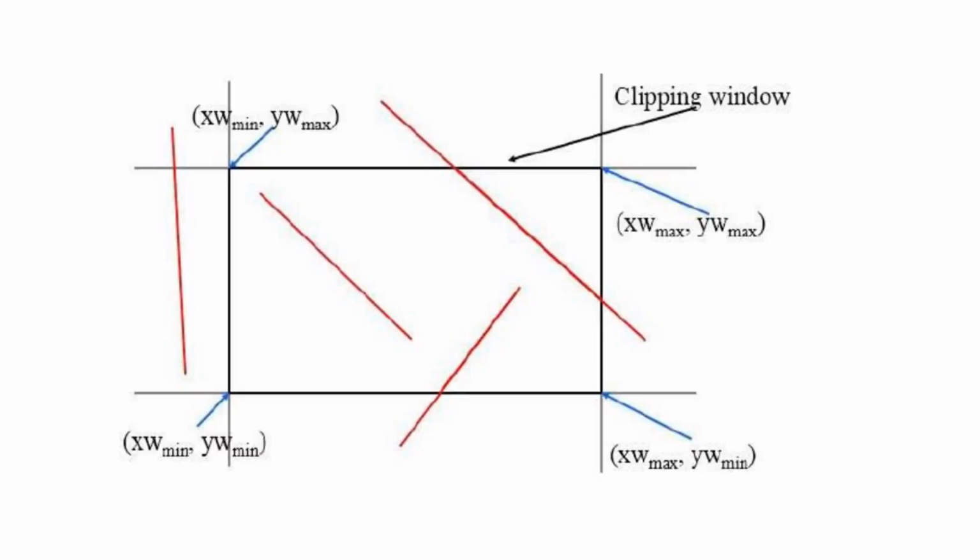This procedure continues to find the portion of the line within the window, which we accept, and the portion which is outside, we completely reject.